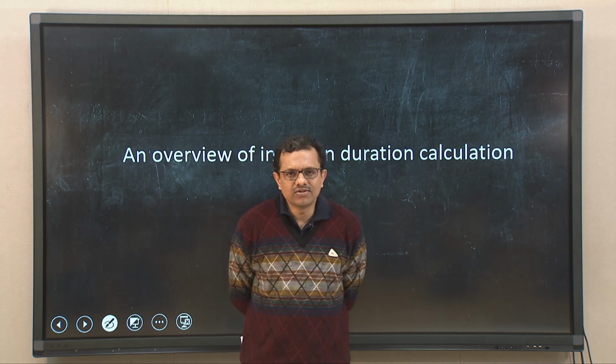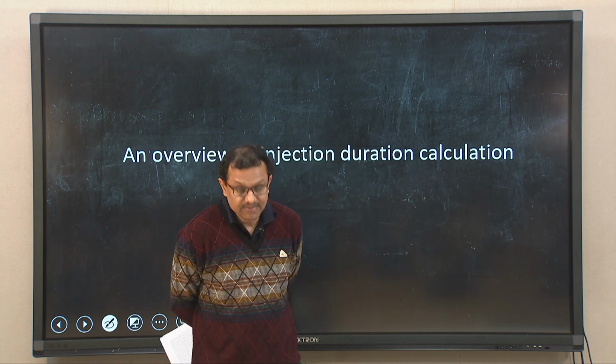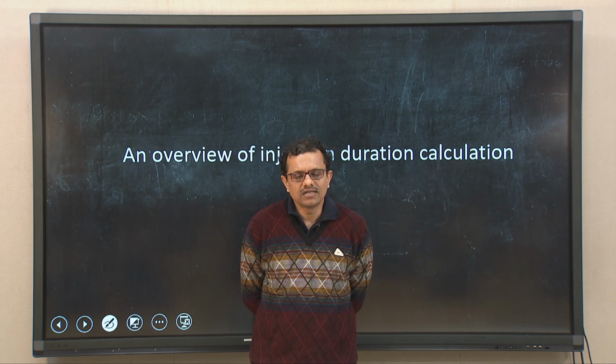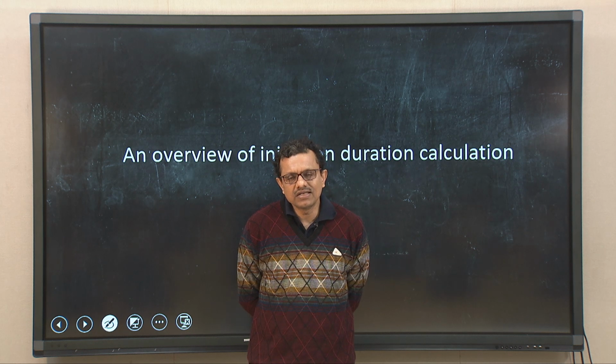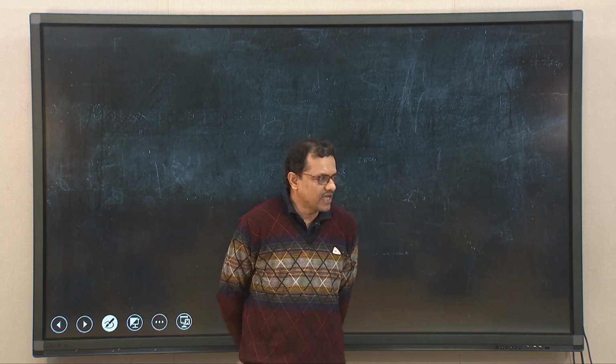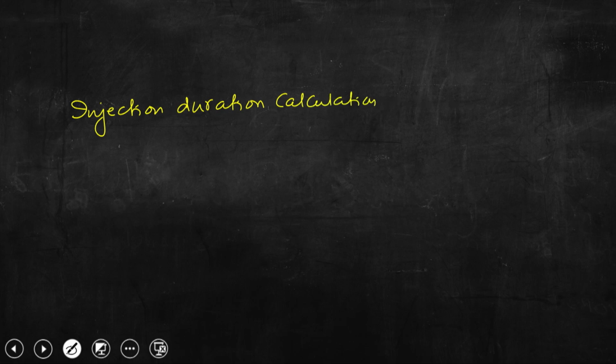Injection duration calculation is basically a two-step process, and the two steps are basic injection duration calculation and the second one is injection duration correction factors. So, if we write that, injection duration calculation is basically a two-step process.